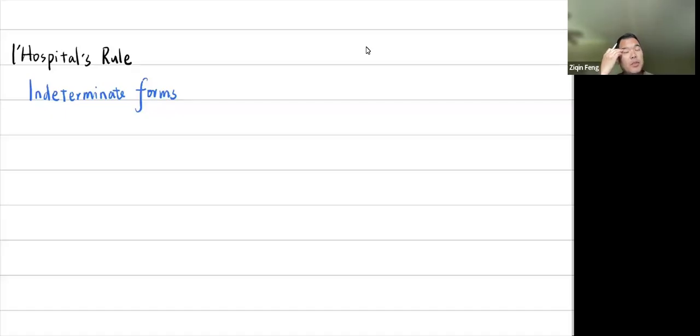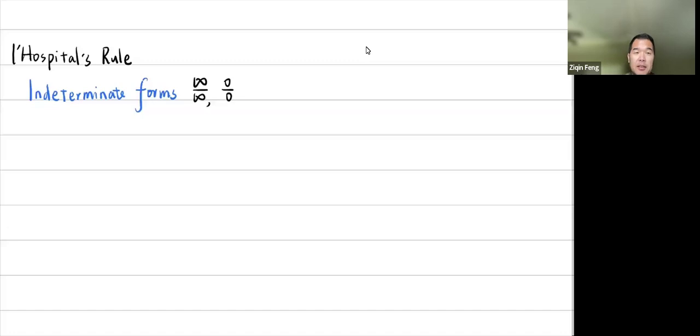In this video, we will discuss a few more examples of the application of L'Hopital's rule. So basically, this is a way to evaluate the limit of some indeterminate forms. For example, if you have a limit which is in the form of infinity over infinity or 0 over 0, you can apply L'Hopital's rule directly, right?